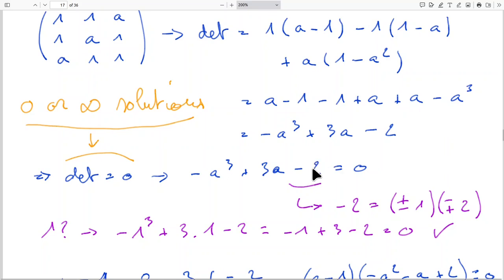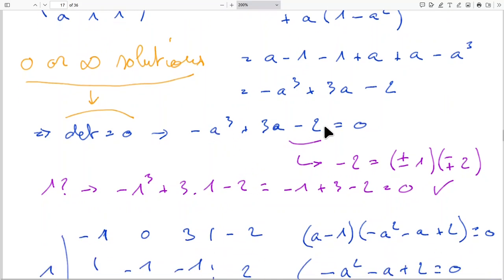The last constant term is minus 2, so you can write that as plus or minus 1 times plus or minus 2, and then try one of these to see if it gives you a 0, and we're lucky because 1 immediately gives us a 0. So 1 is a zero of this.